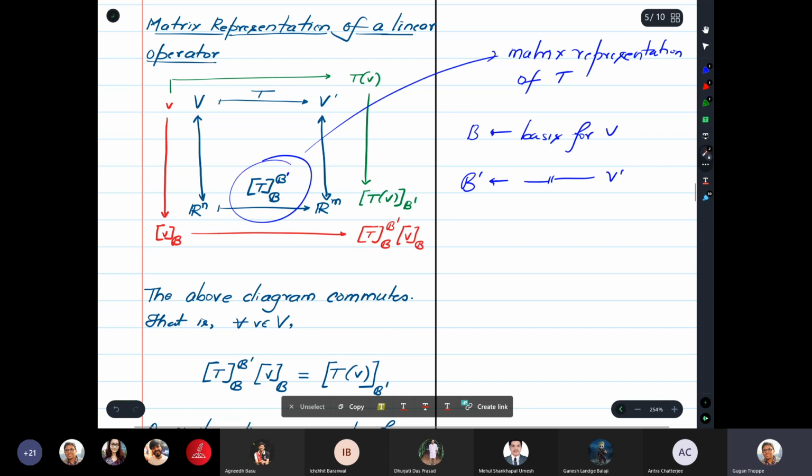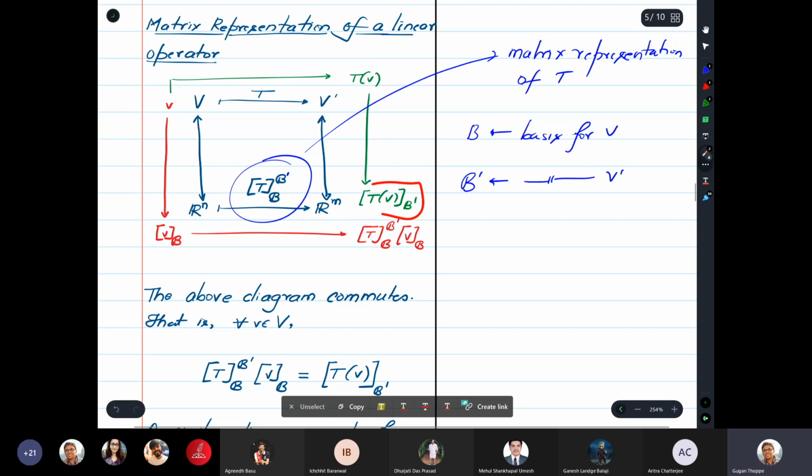So let's try to interpret this diagram. First we will move in the green direction. What does that mean? You start with some vector V in this capital vector space V. You apply T, so you will end up with T of V. Now T of V will be an element in V prime. That's why I've written it over here. Now if you find the coordinates of T of V with respect to this basis B prime, you would end up with its coordinates.